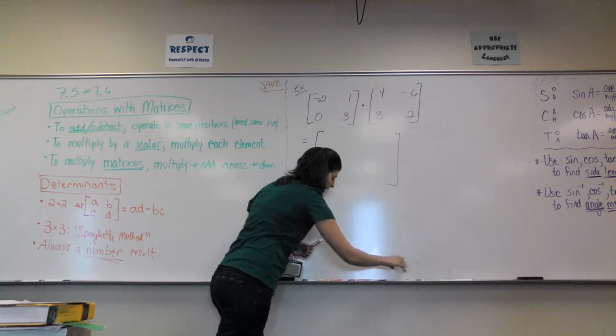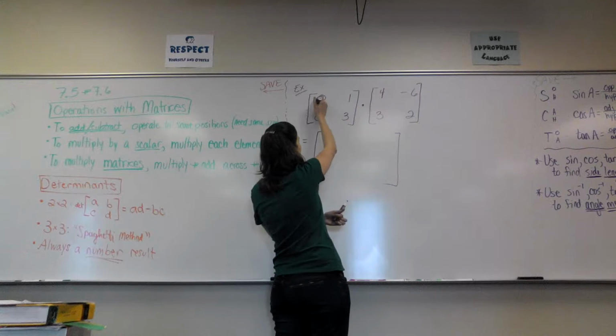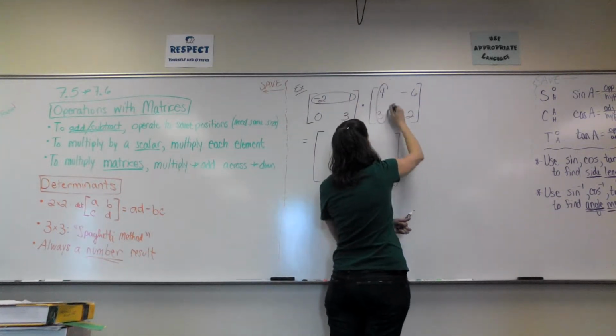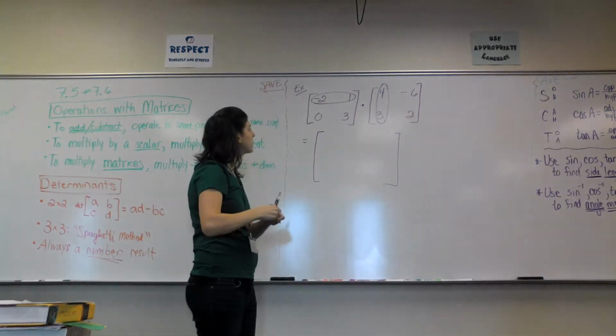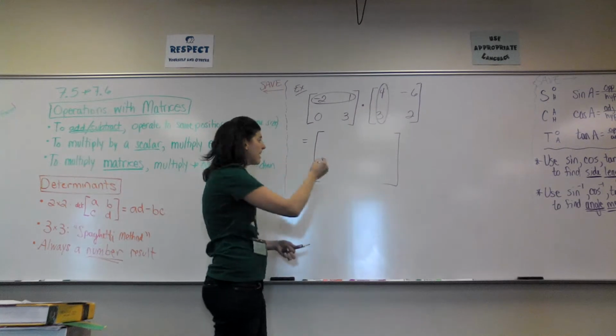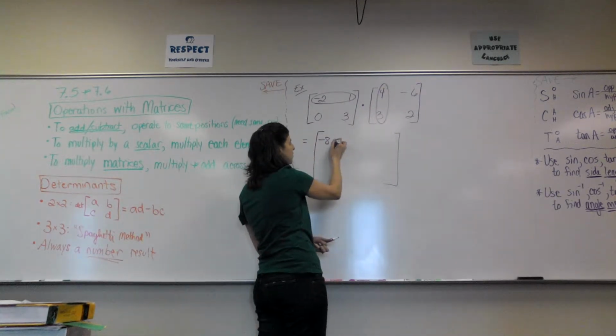Okay, so let's say first row times the first column. What you're going to do is take -2 times 4, which gives you -8, and you're going to add that to 1 times 3.